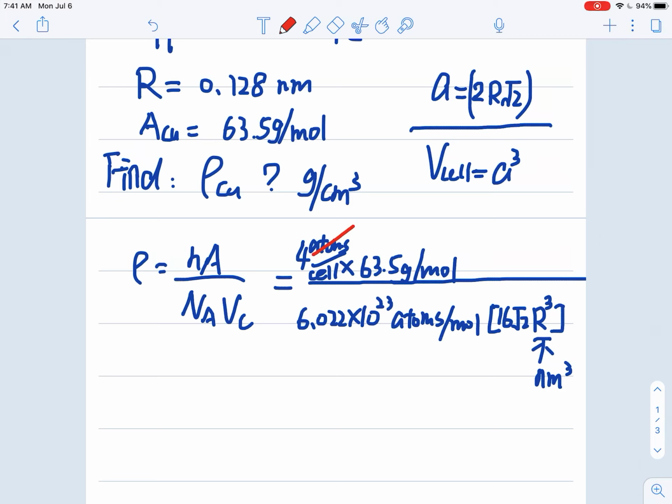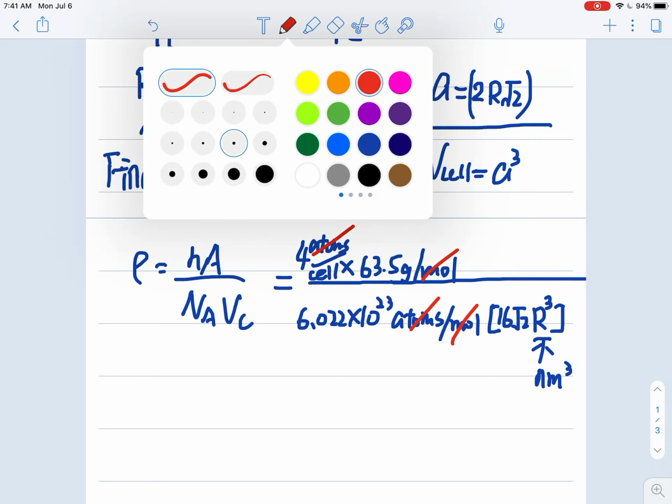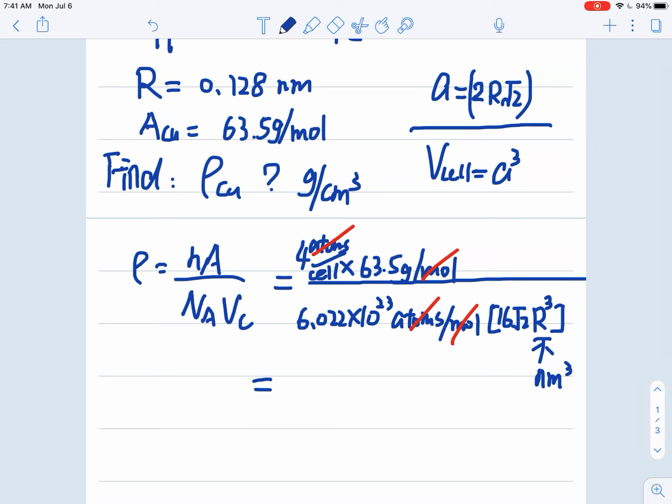Okay, let's look at how all the units cancel off. So we have atoms on the top here. Atoms, they can cancel. We have moles, it will cancel. So what you end up with is grams per volume. If you do the calculation right, the theoretical density of copper ends up being 8.89 grams per centimeter cubed.